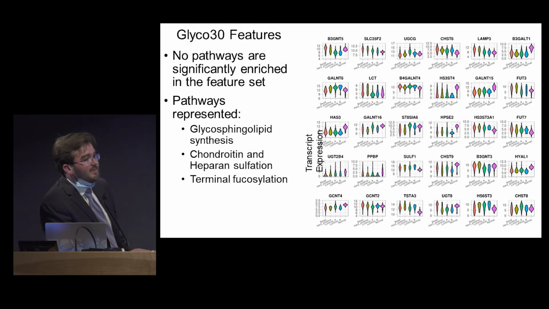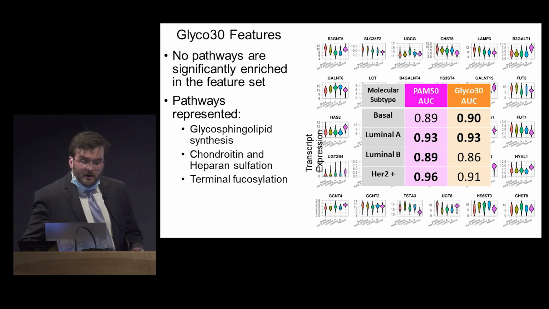There's no consistency here. But some pathways represented are glycosphingolipid synthesis, which I can tell you is important in the autoactivation of signaling pathways in cancer on the cell membrane. Chondroitin and heparan sulfate genes were involved, and those are very important in the solubility of signaling molecules, and terminal fucosylation, which is incredibly important for metastasis.